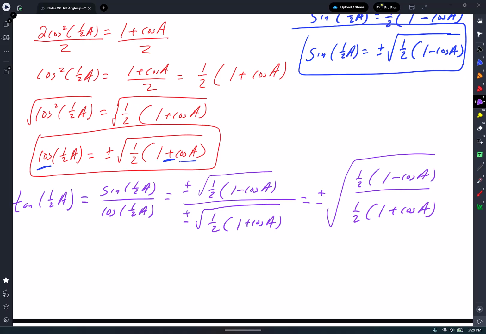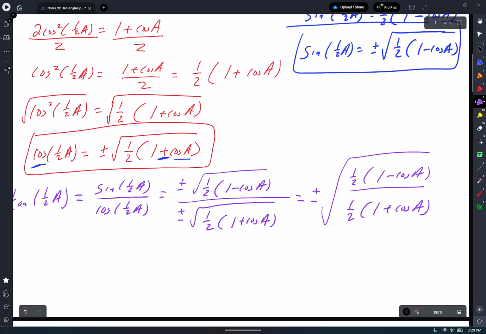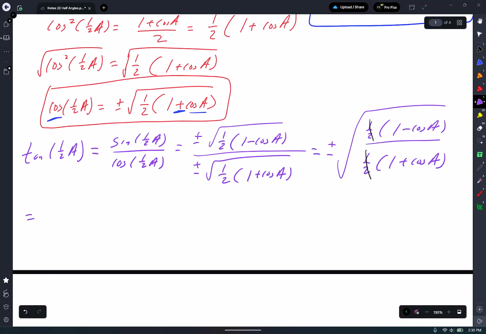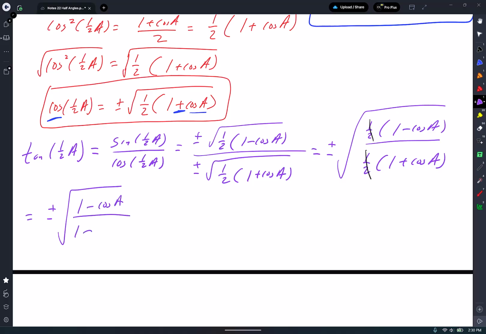Are we still okay? The 1/2 cancel out. Bam, bam. We still all right? All right, so here we go. Plus minus square root 1 minus cosine a over 1 plus cosine a. That's it, Chop. You can't do anything more to it.